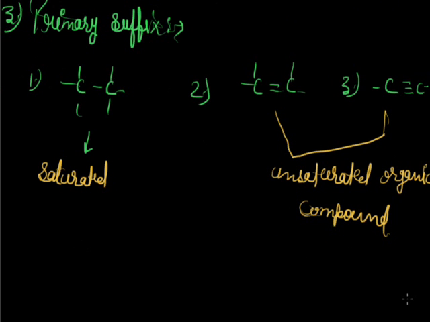So primary suffixes are added to the word root to show saturation and unsaturation in the carbon chain. In carbon chain, it may be that single bond or it may be that double bond or triple bonds are present. So when only single bonds are present, then we have to use as primary suffix ane. When only a single bond is present, then we have to use ane primary suffix.